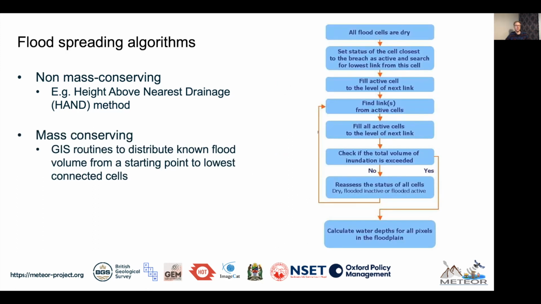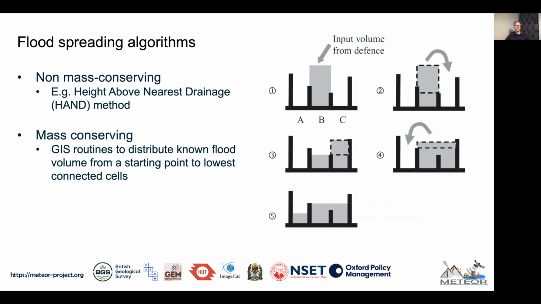Now, there are two main types of flood spreading algorithm, either non-mass conserving or mass conserving. And these work fundamentally by spreading water around. If they're mass conserving, they maintain the volume. If they're non-mass conserving, they're even simpler and they just basically extrapolate the water levels across, but don't worry about conserving mass.